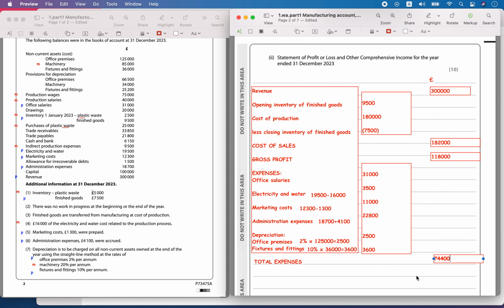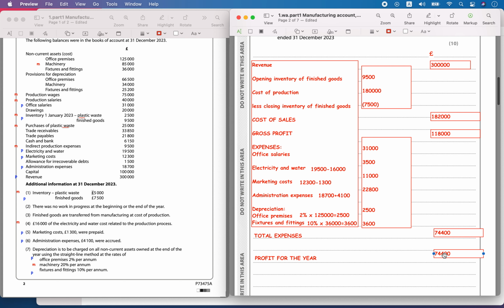So if you write 74,400, that is my total expense. Now let's calculate the net profit for the year. The profit for the year is going to be equal to the gross profit minus the total expenses, which is 43,600.